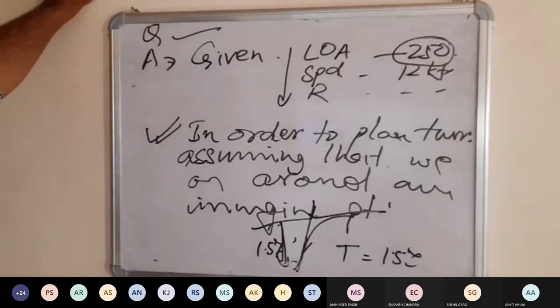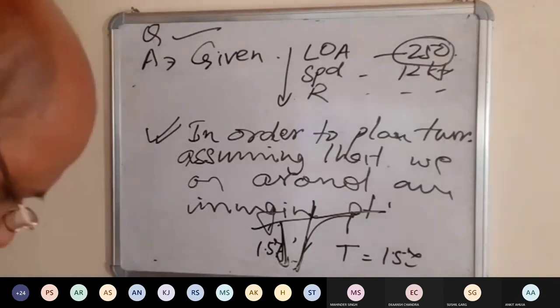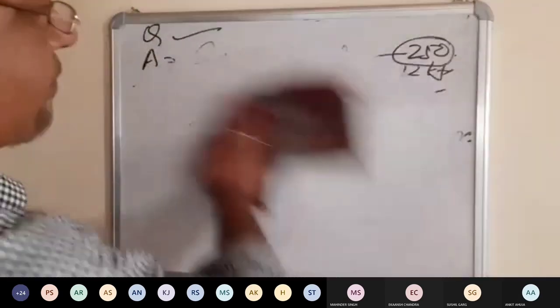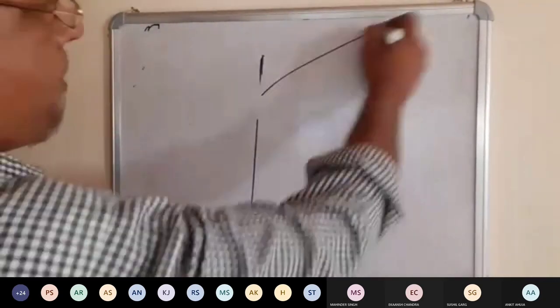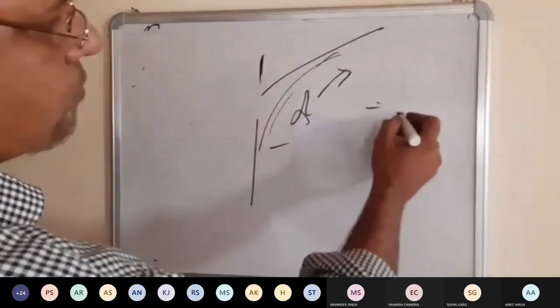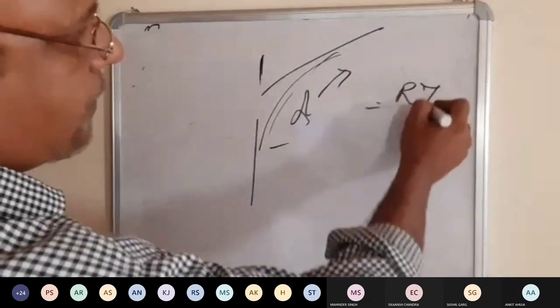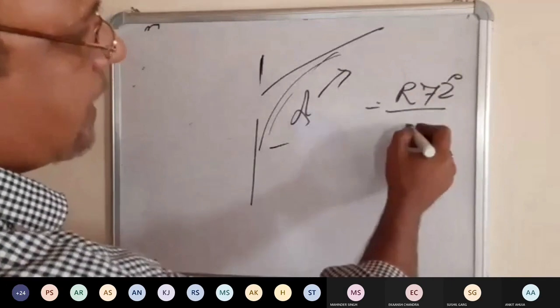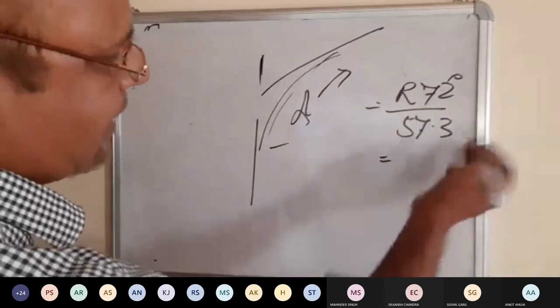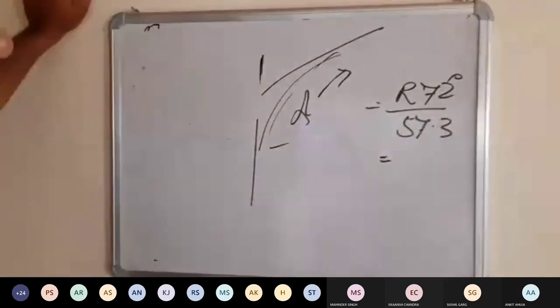Then in the next step we will write: the distance d is equal to r into 72 degrees divided by 57.3 is equal to so and so miles, whatever miles.